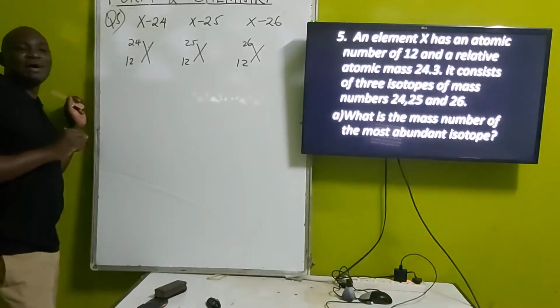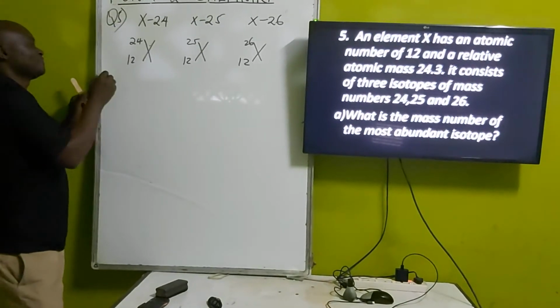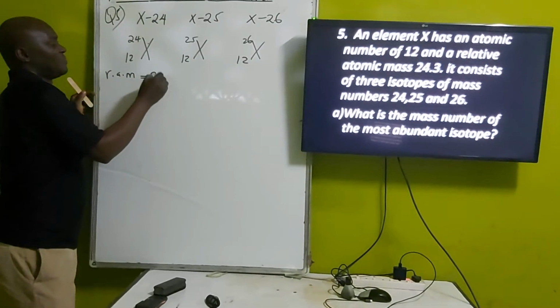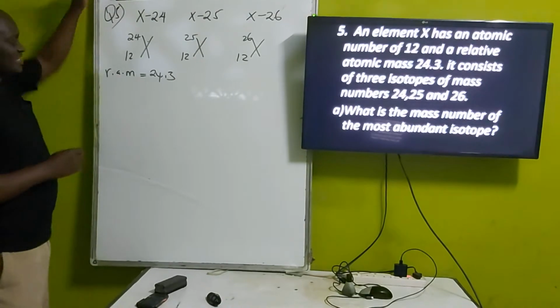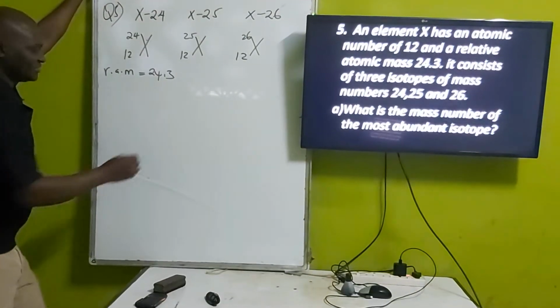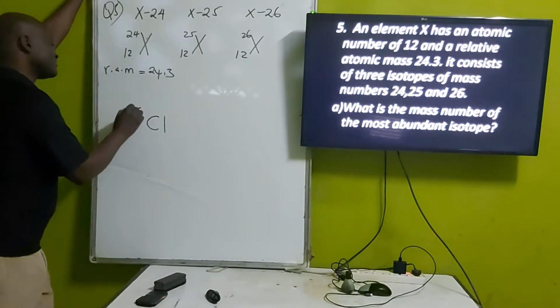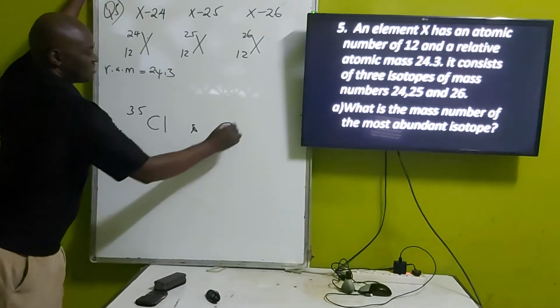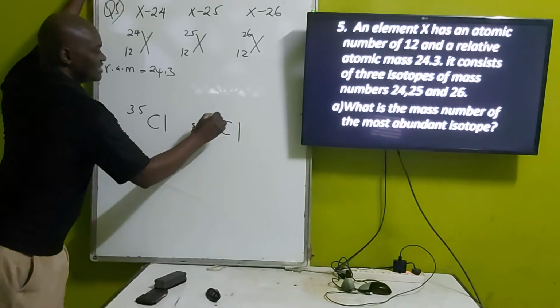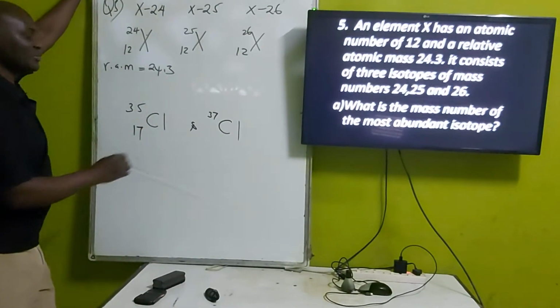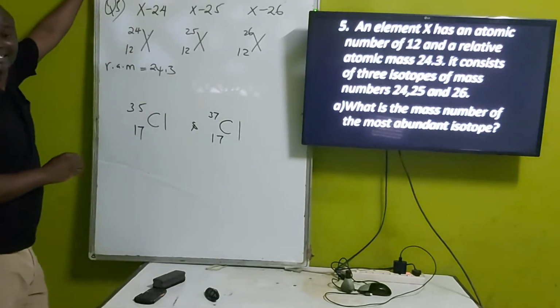Now, the relative atomic mass of X is 24.3. I want us to use chlorine. If you look at chlorine, we have chlorine 35 and chlorine 37. The atomic number of chlorine is 17.